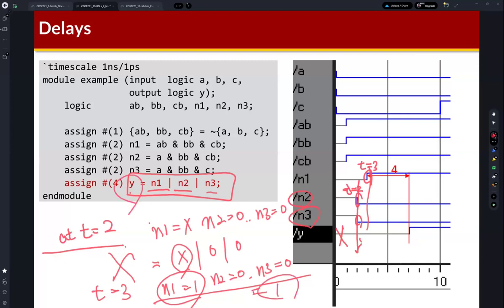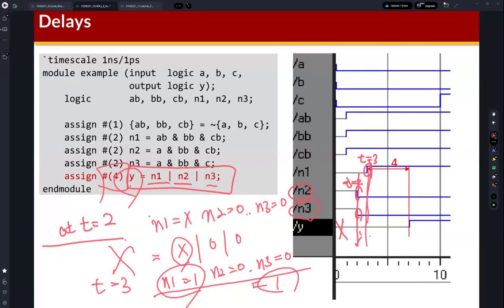So y will become 1, but after 4 nanoseconds. So this output value will be reflected after 4 nanoseconds. That is 3, and then after 4 nanoseconds, at time t equal 7, y becomes 1. But before that, it is still x. We don't know.